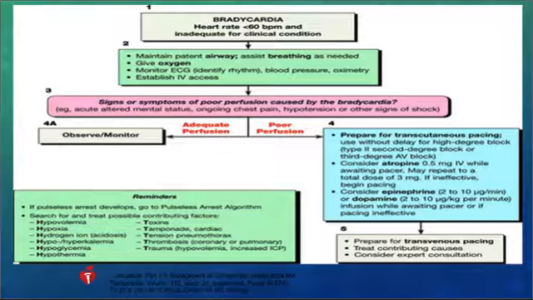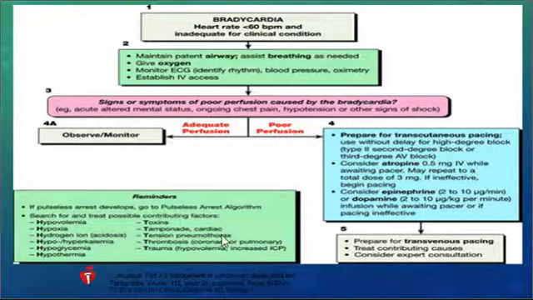Algorithm from the ACLS for your bradycardia. Understand airway, breathing, circulation, oxygen, monitoring, and get an IV site in. In a symptomatic bradycardia, you're preparing for a pacemaker. Transcutaneous pacemaker, we will talk about during this lecture. Atropine, and then epinephrine or dopamine. I'm going to talk some more about them for symptomatic bradycardia.